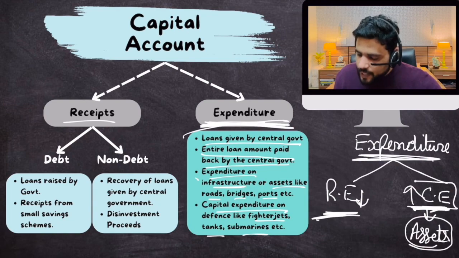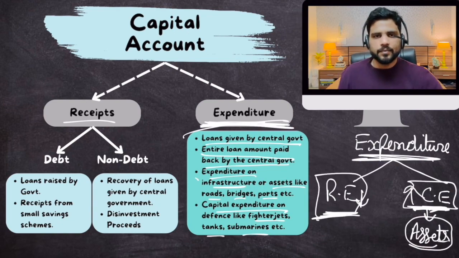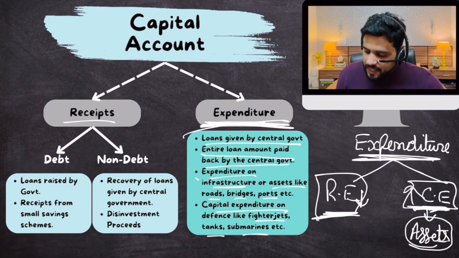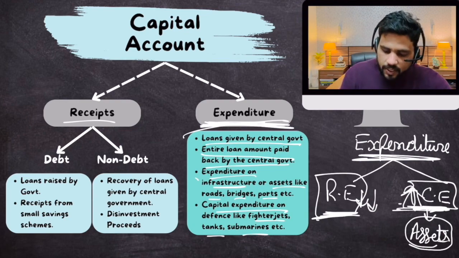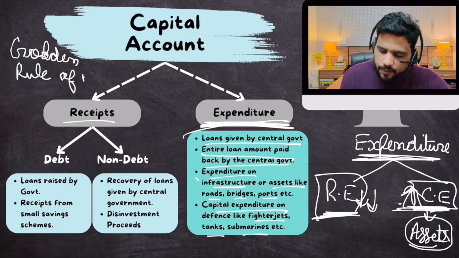So capital expenditure is better and revenue expenditure is bad. Right? That is why it is argued that government should minimize its revenue expenditure and maximize its capital expenditure, because capital expenditure is gainful. And this rule is known as the golden rule of public finance. What is the golden rule of public finance?